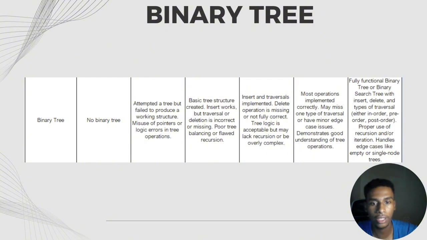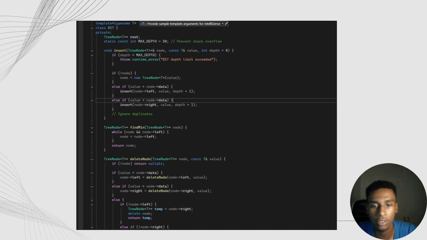Moving on to the next criteria in the rubric, the binary tree. In our code, we have a fully functional binary search tree with all of its methods, like the insertion and the pre-order, in-order and post-order. As it's presented here, this is the binary search tree class. In this class, of course, we have the private members, like the root and the maximum depth, and the insertion, and also the find minimum and the delete node.